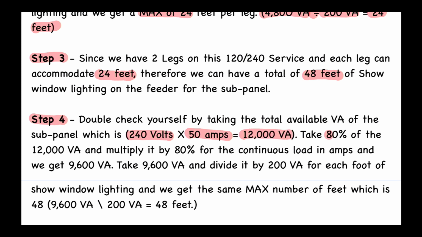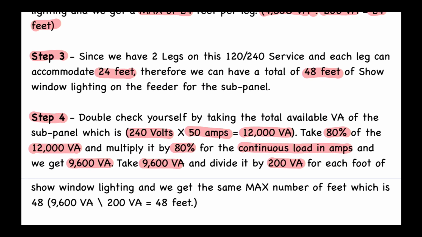Let's take 80% of the 12,000 VA for the continuous load, and we get 9,600 VA. Let's take the 9,600 VA and divide it by 200 VA for each foot of the show window lighting, and we get the same max number of feet, which is 48.